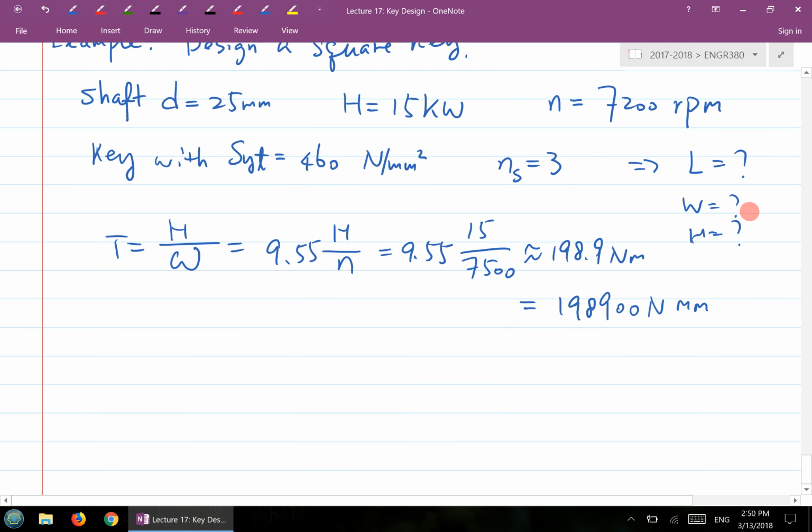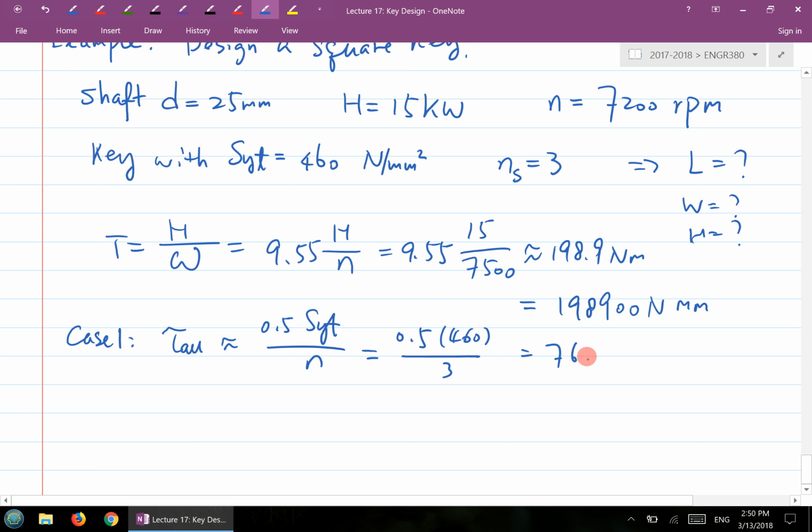Now if you wanted to go through the detail, let's calculate the direct shear stress or allowable stress. So 0.5 Syt over N, and it's 0.5 times 460 divided by 3, right? Gives us 76.67 Newton per millimeter square.